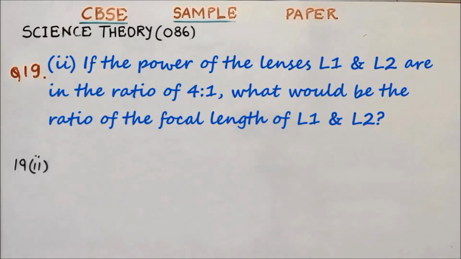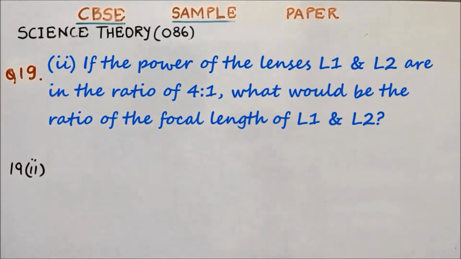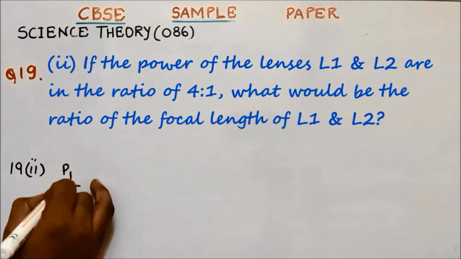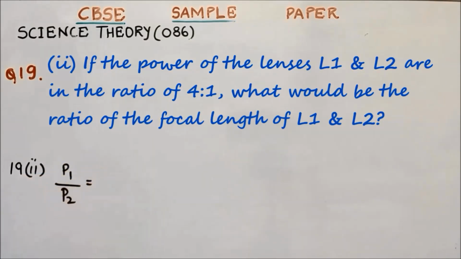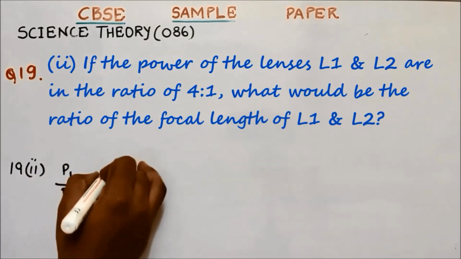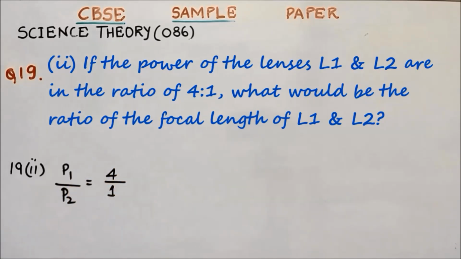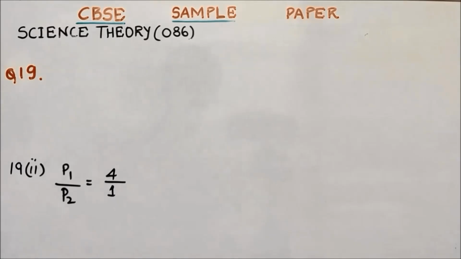Let me write the power of L1 as P1 and the power of L2 as P2. So the ratio is 4:1. Obviously the bigger lens has more power because it is converging a large quantity of light.